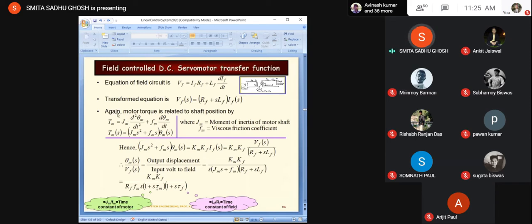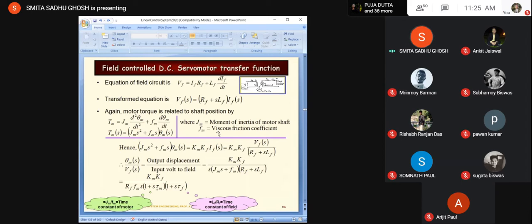So this Tm is equal to (Jm s square plus Fm s) theta m(s), this side, is equal to Km Kf If(s) that we had already developed on the previous slide, right? So we can say that (Jm s square plus Fm s) theta m(s) is equal to Km Kf If(s).